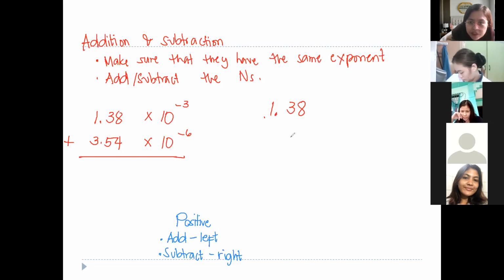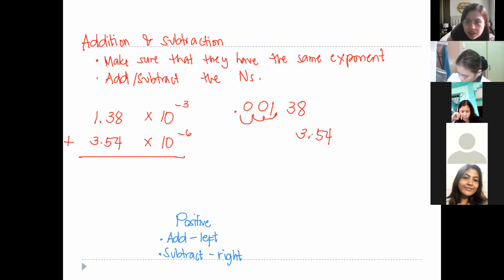This is 1.38. When we move it back and make it a decimal, its true value is 0.0138 compared to 3.54.